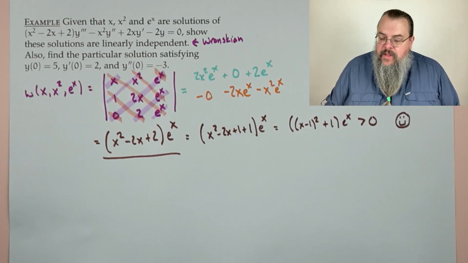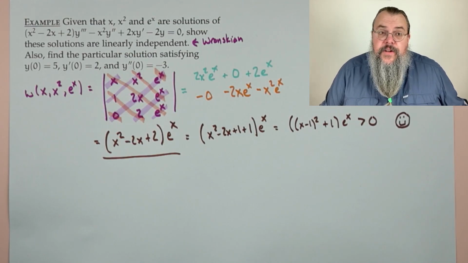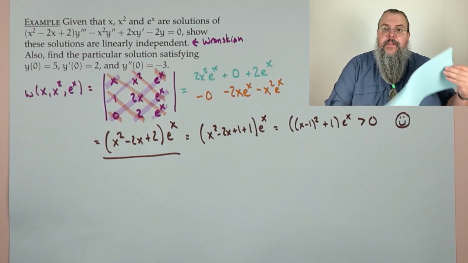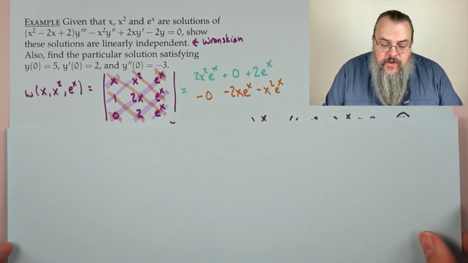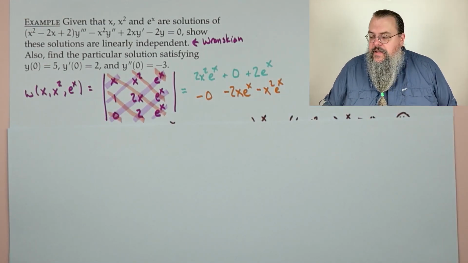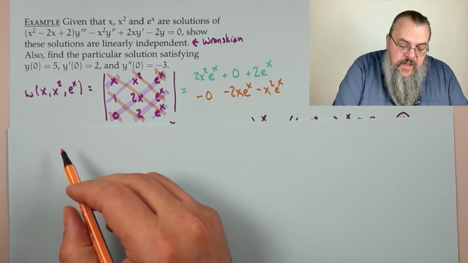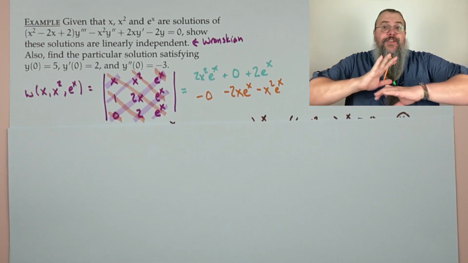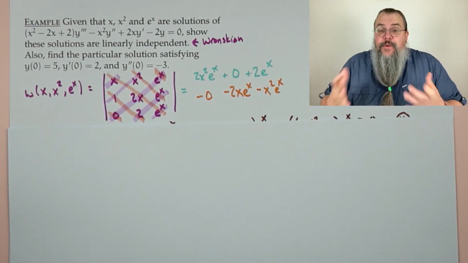Okay, now I said there are other ways that you could have taken this determinant. So let's grab another piece of paper here and talk about an alternative way to take this determinant. You may have heard of something called cofactor expansion. Now, keep in mind, you can take the determinant however you like, but I want to show you both ways.